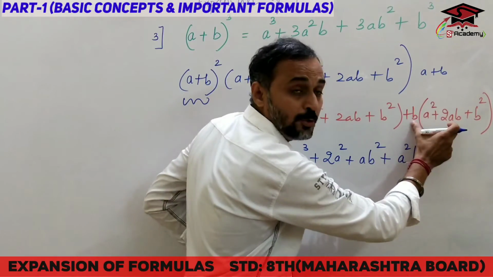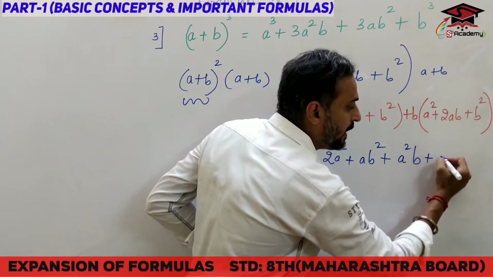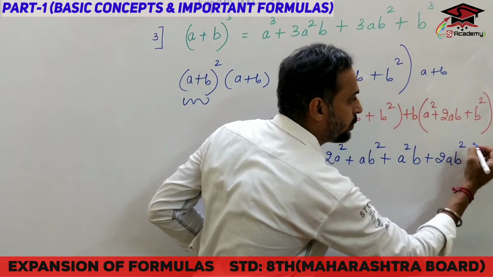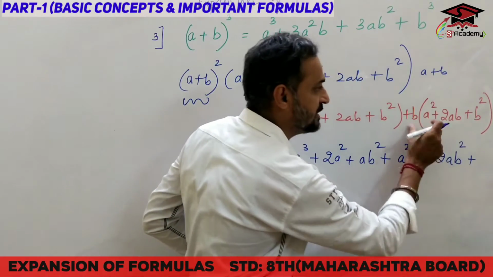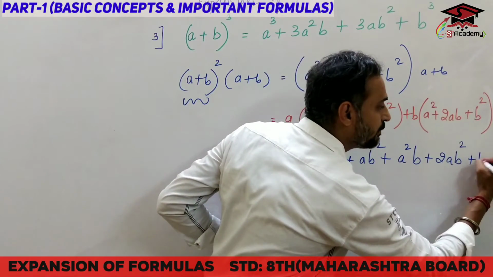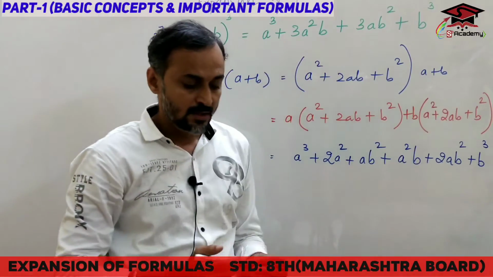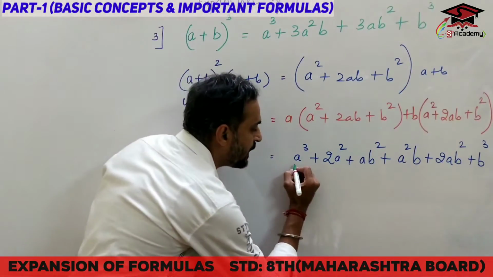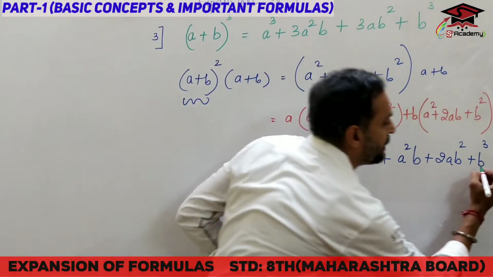B into 2ab, let me consider 2a remains as it is. B into b is b square, plus, of course, b into b square is b cube, students.